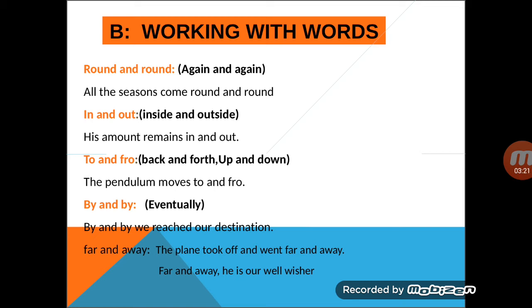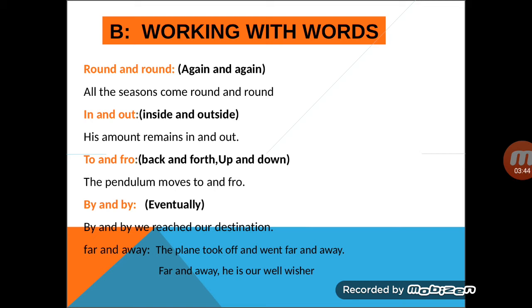To and fro, back and forth, up and down. The pendulum moves to and fro. It means it goes back and then goes forth. It can also move upwards and then downwards. So to and fro means basically, this fro is from.